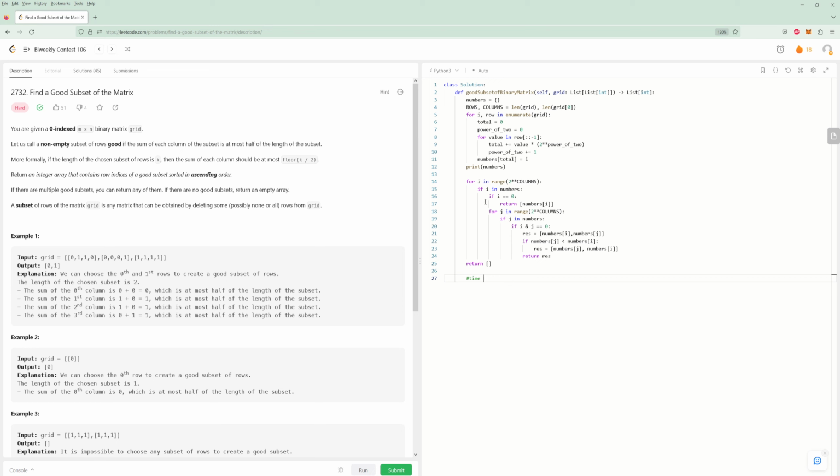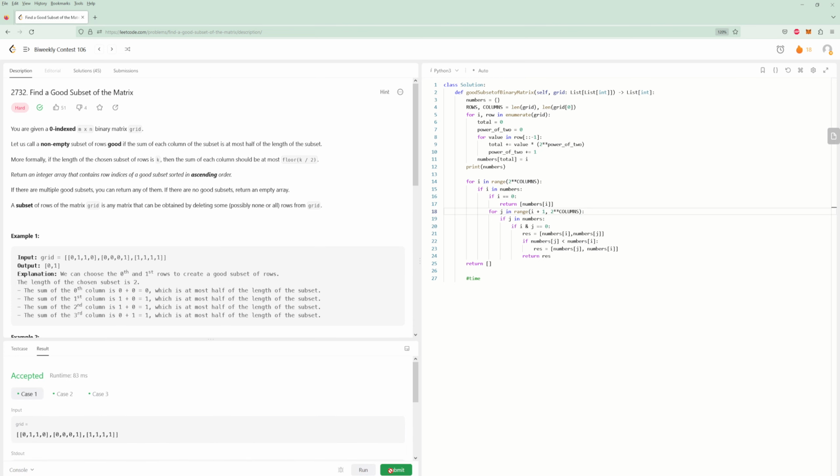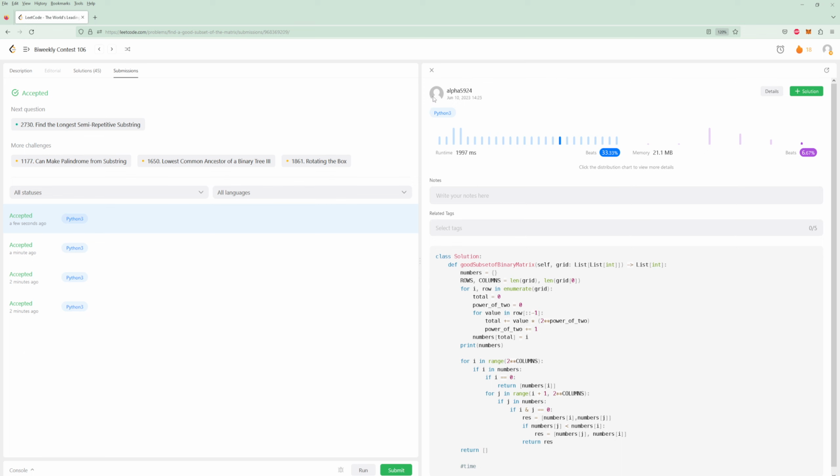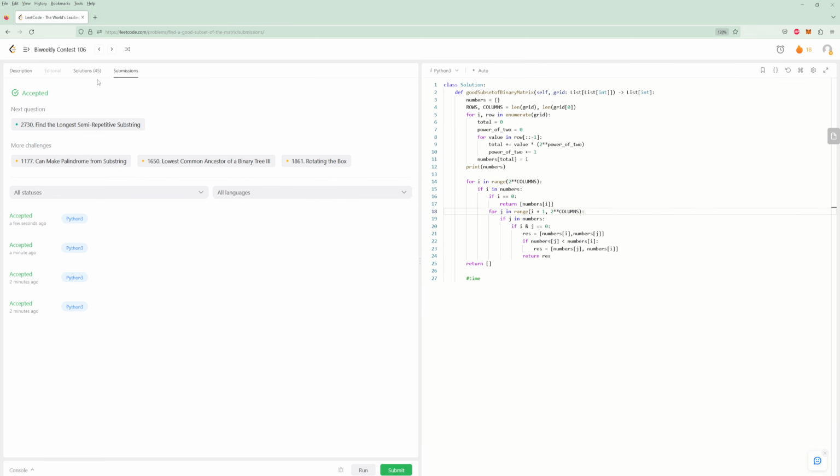Yeah, I think you could actually make this even simpler, but once again I don't think it would make it any faster. You could do something like this, technically. Yeah, it's the same.